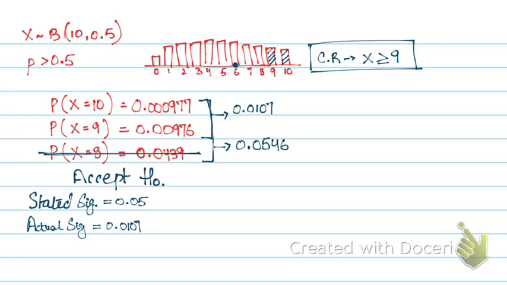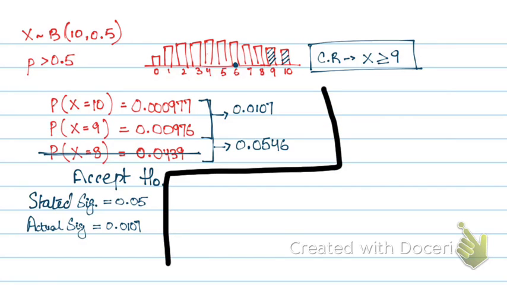The stated significance level was 5%, but once I calculated the probabilities of the bars, I found out that my actual significance level is 0.0107.